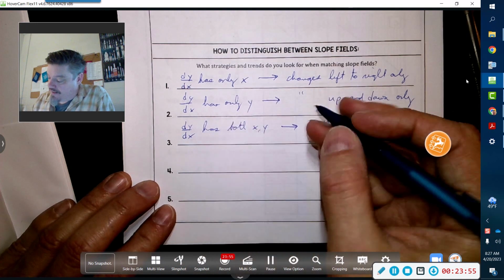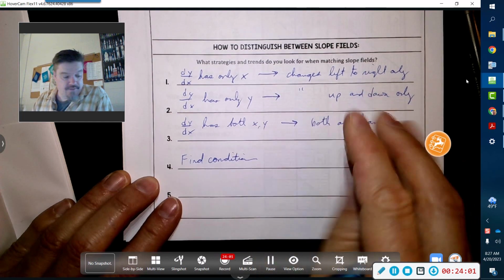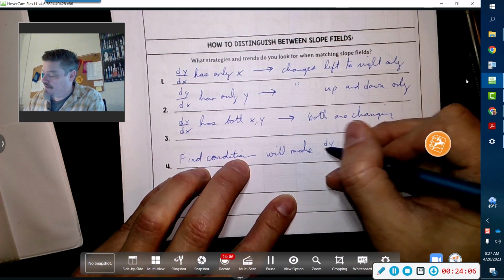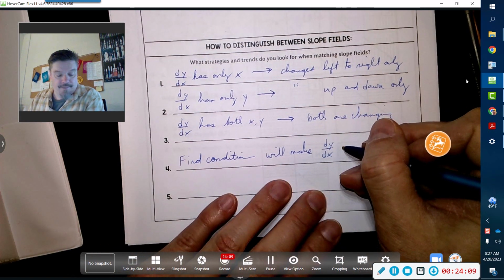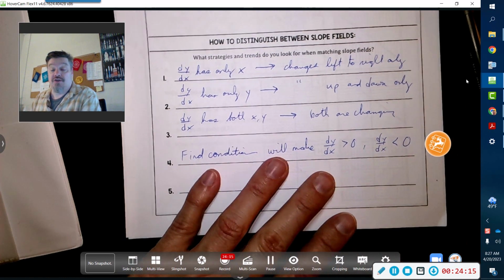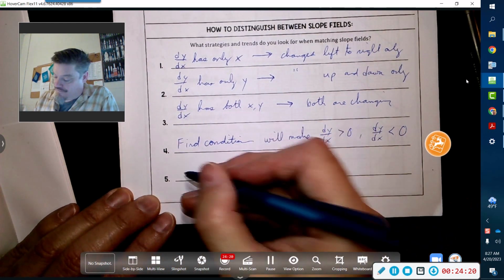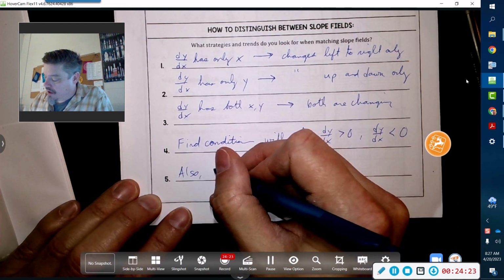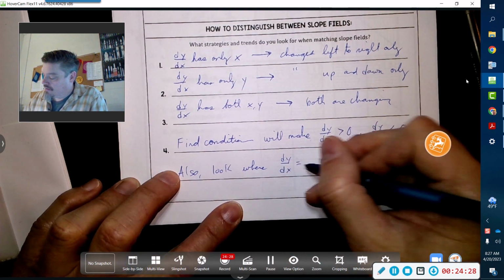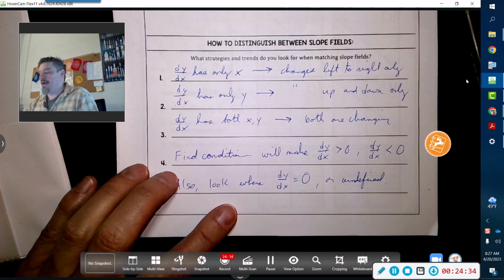You also want to find special conditions which will make the derivative positive and where it will make it negative. You don't have to know exactly what they equal. That's the whole point of the matching. And finally, look where dy/dx equals 0 or is undefined. You're just looking for those key ingredients. And that's it.